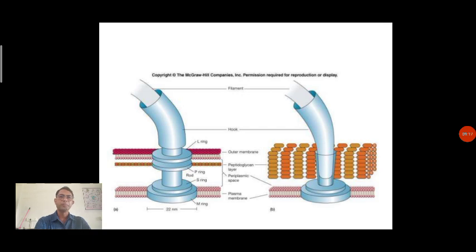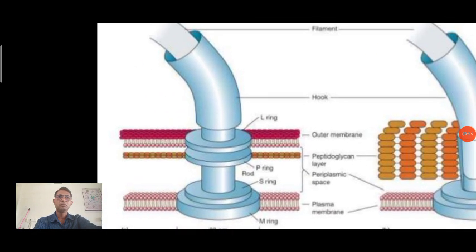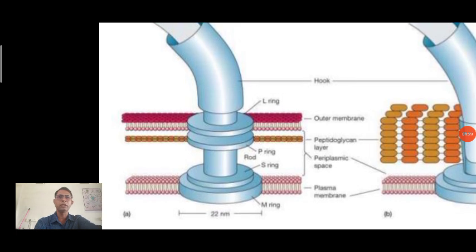Now here this is the diagram which is taken from the book. Now here you can see the hook structure is given over here. So the hook is the topmost portion which attaches the two different parts, the filament and the basal body.